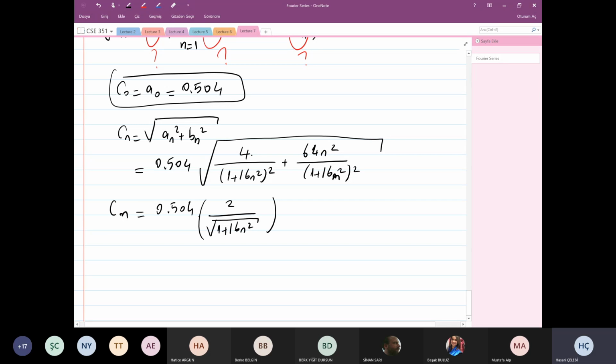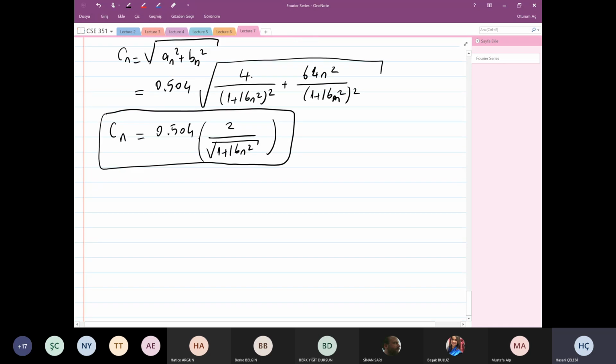This is my Cn. The last one was theta, the phase information, which was equal to arctangent, inverse tangent of minus Bn over An, right?